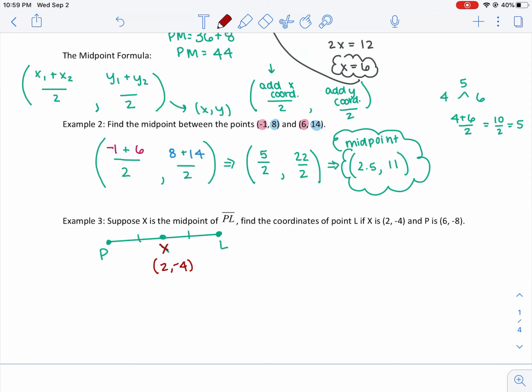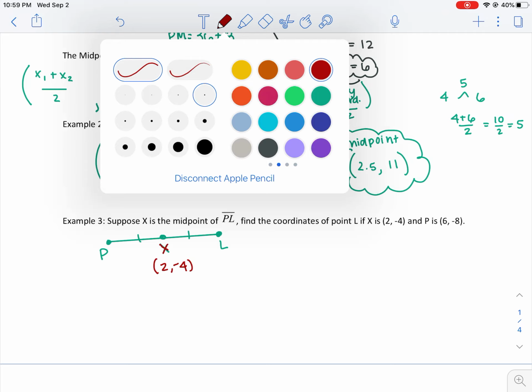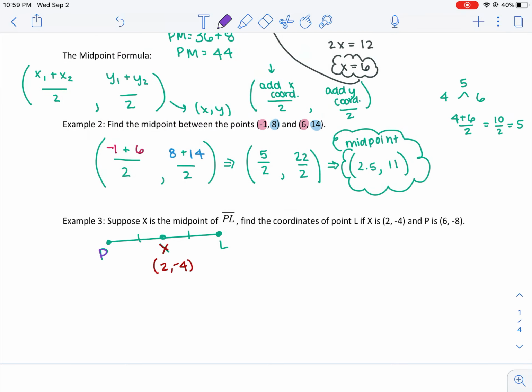And then we know that point P is 6, -8. And I want to find point L. Okay, so we got to do something different. Still using the midpoint formula. That's my hint. But not in the way that we just did before.